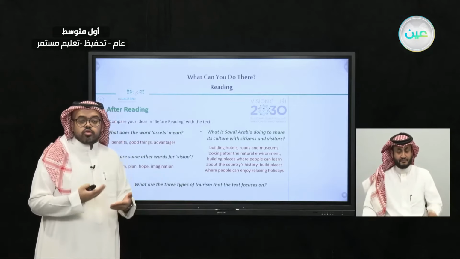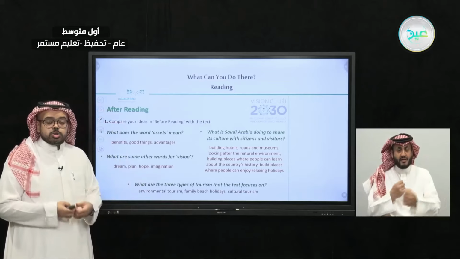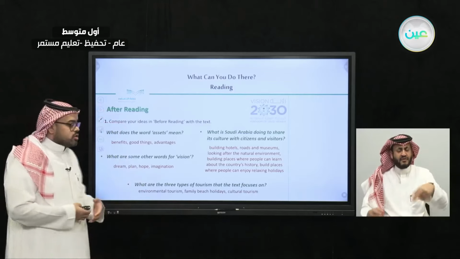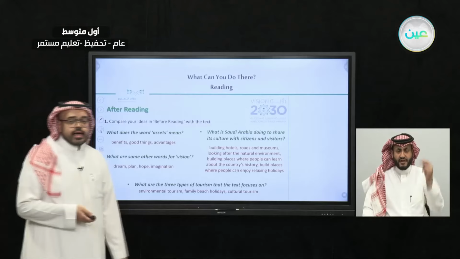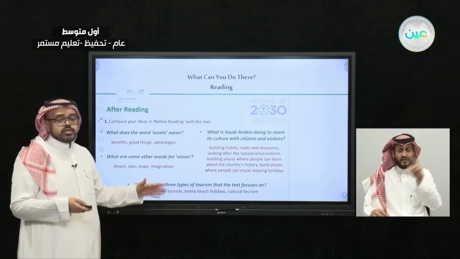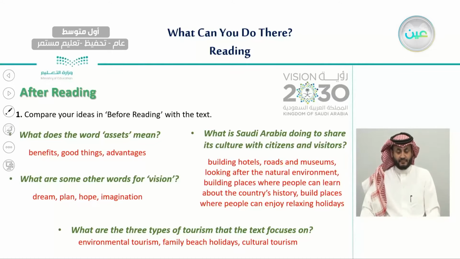And the third one is cultural tourism, where people can go and enjoy the traditional art and the open air museum. So as I said, here we have environmental tourism, like the forests in Al-Baha, family beach holidays like Al-Ugair Beach, and cultural tourism like Al-Ula. So here we have different types of tourism in Saudi Arabia.